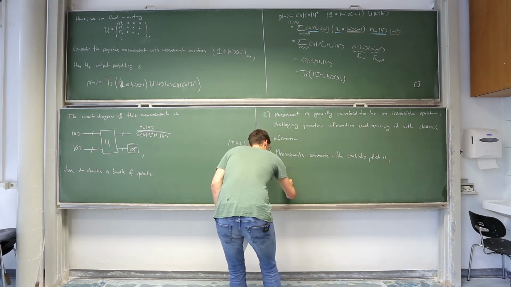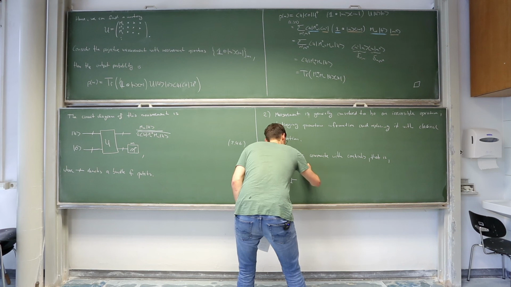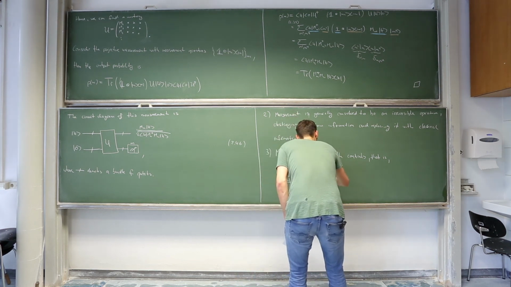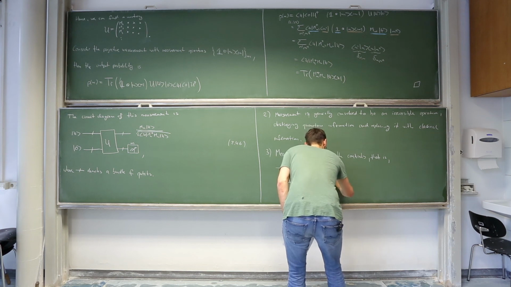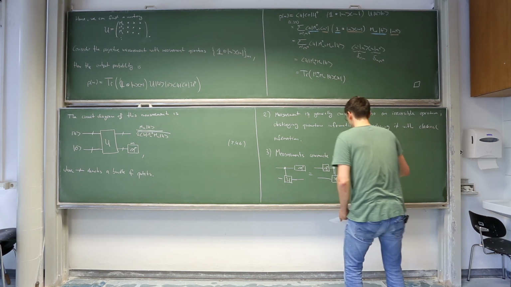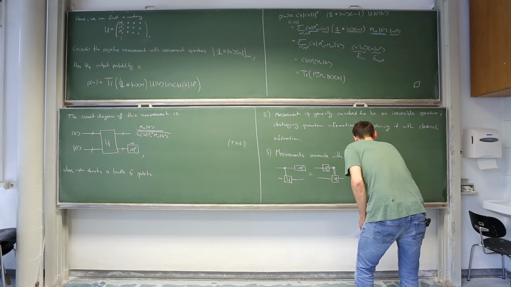So if we have, for example, a controlled unitary and then perform a measurement here, then this is equal to first performing a measurement, and then we have a control of this unitary. And this is also often represented so that the measurement controls the unitary.